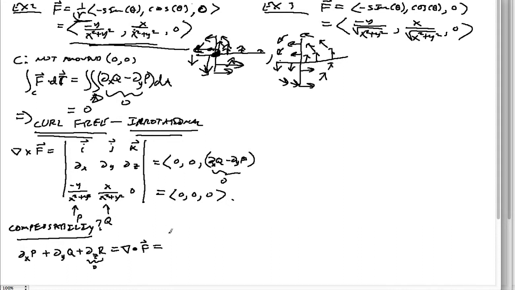We take the derivative with respect to x, and we're going to get a negative 2xy over x squared plus y squared, quantity squared. You can get that from the quotient rule. And then we're going to add it to the derivative of the Q function with respect to y, and you'll get a positive 2xy all over x squared plus y squared, quantity squared, plus 0. And of course, you'll see these two terms cancel, so they're 0.